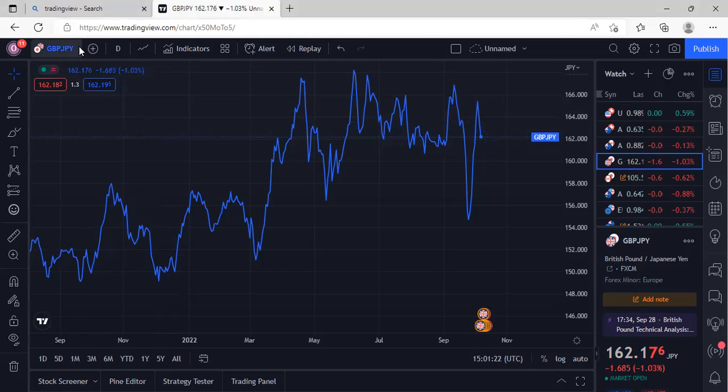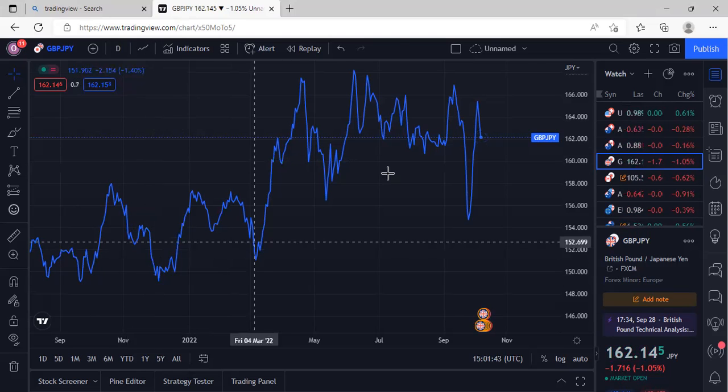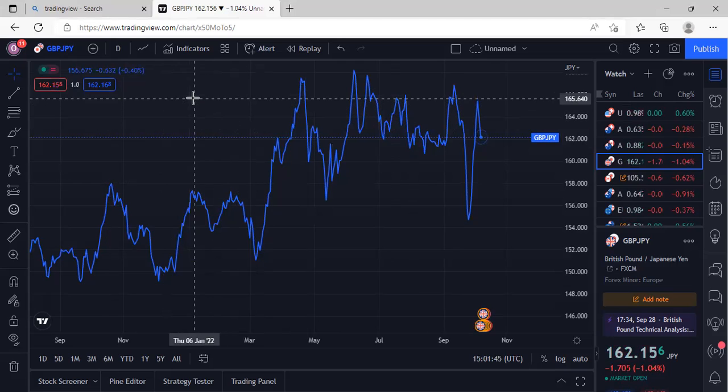We are pairing these particular currencies to one another to see how we can make money out of this market. So today's topic, I'll be talking about how to draw good trend lines. For you to draw a successful trend line, you need to go back to the line chart. Just come to this icon right here, choose line chart, select it, and your chart will look like this.